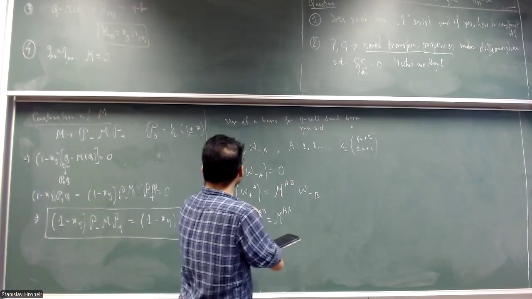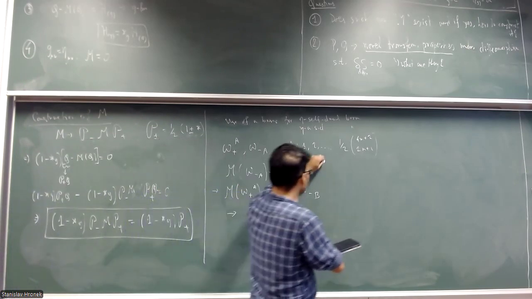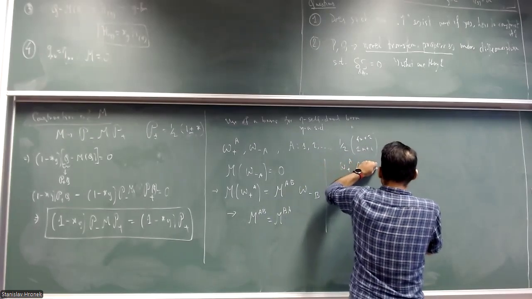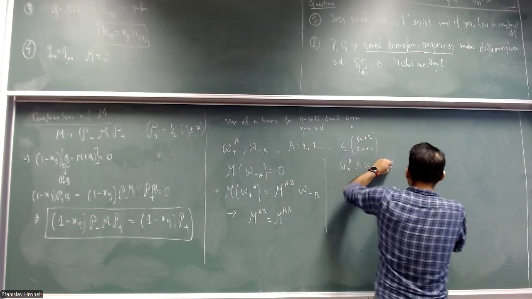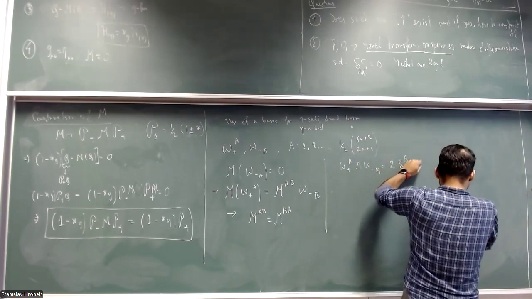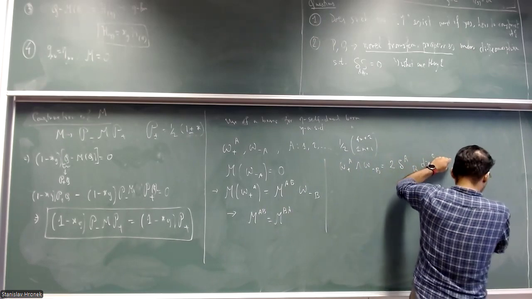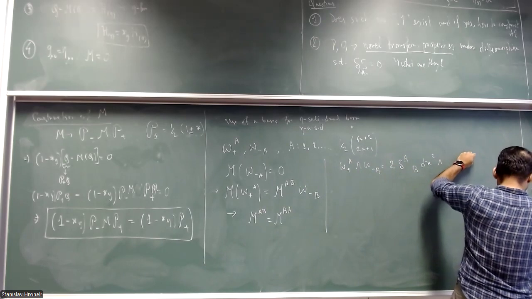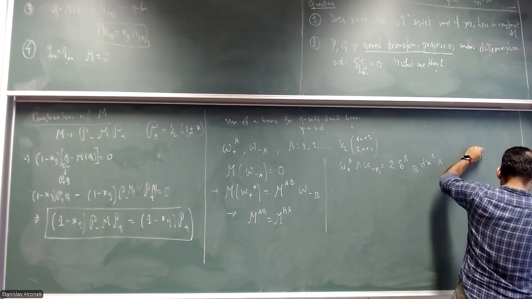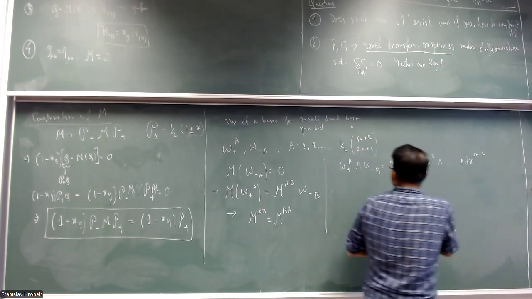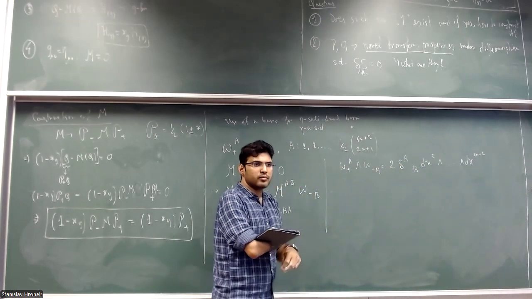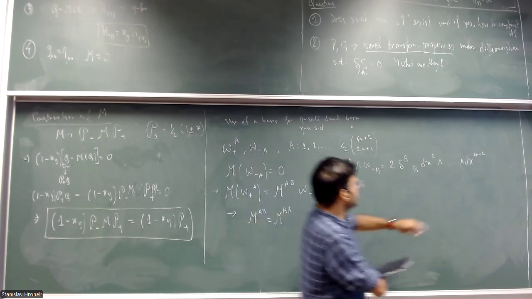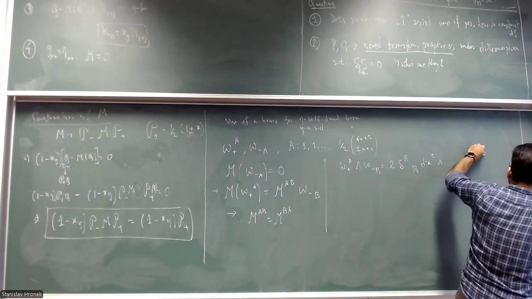And I could also mention that I want this basis to be orthonormal. So they have this structure. We start with 0, and this is 4n plus 1.